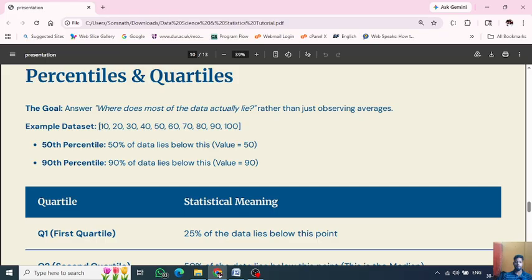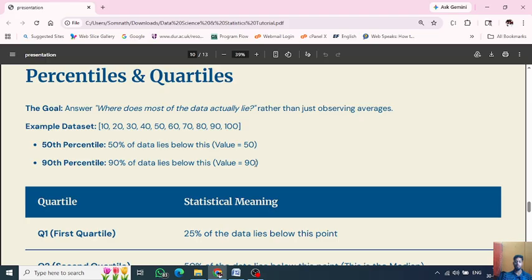Take a big data set, for example a salary data set. If someone asks about your company's employee salary, just telling the average is not enough to understand the actual pattern of the employees' salaries. But if you say that 25% of our employees get this type of salary, 50% get this type of salary, and 90% get this type of salary, then they can better understand the salary structure.